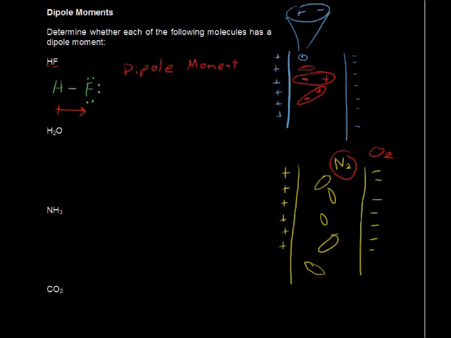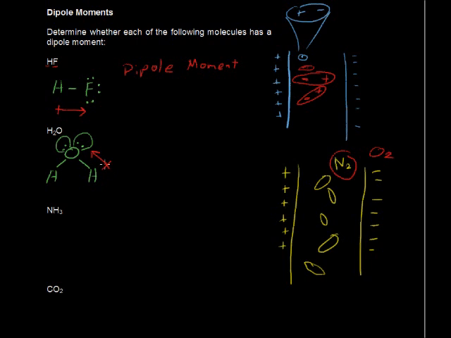Okay, H2O, water. What do you think? Well, actually, it does have a dipole moment, and that is because its molecular geometry is bent. So I'll just draw that. We've got our oxygen with the lone pairs there, and our hydrogens being bent down by those lone pairs, and it's actually this bending that creates the dipole moment, because we could draw this vector.